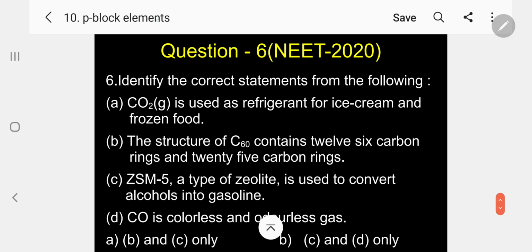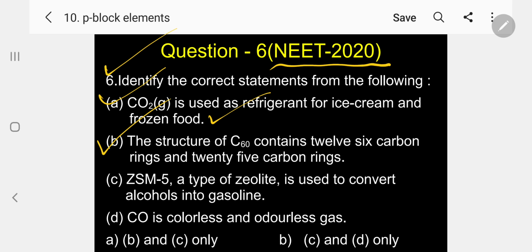Question number 6. It was asked in NEET 2020. Identify the correct statement from the following. A. Carbon dioxide gas is used as a refrigerant for ice cream and frozen food. B. The structure of C60 contains 12 six-carbon rings and 25 five-carbon rings.